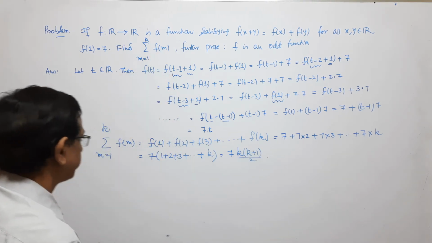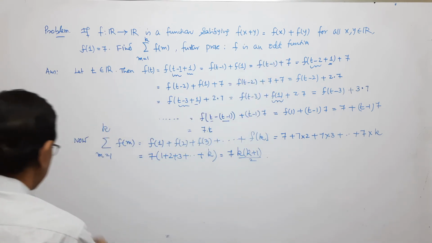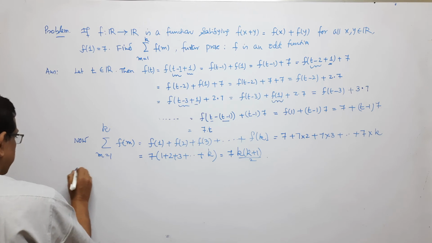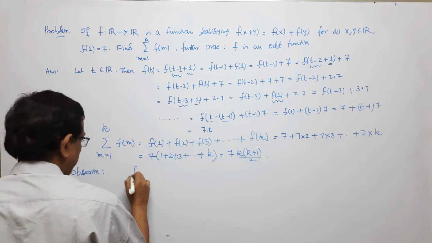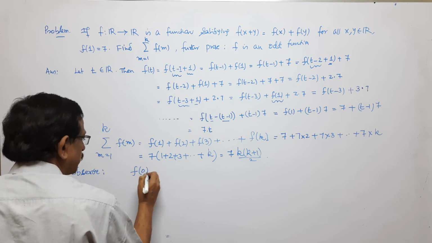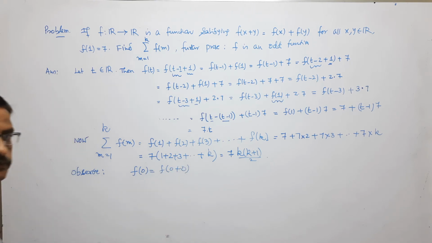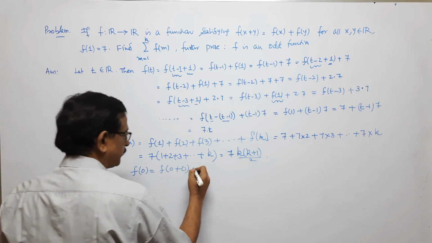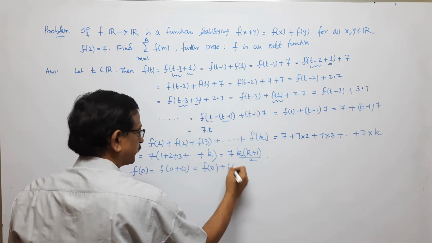This is the value. Now we want to show that f is an odd function. So for that, observe the following. Let me write down f of 0 as f of 0 plus 0. And by that rule, I have f0 plus f0.